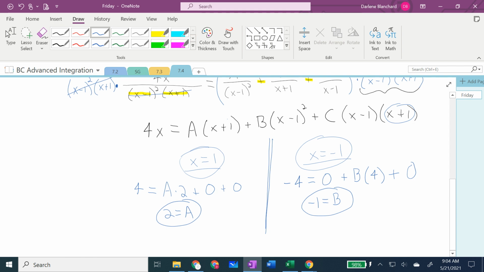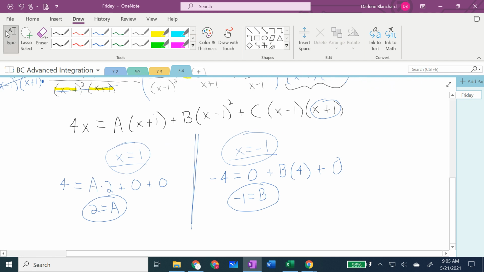However, if we used 3 x's that were not zeros of the original denominator, we would end up with a system of 3 equations with 3 unknowns, and that is not pleasant. By using these known zeros of denominators, we're able to find 2 of our 3 unknown constants. And when I only have 1 unknown left, it's not that bad.